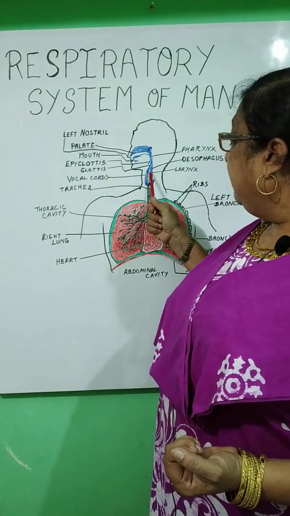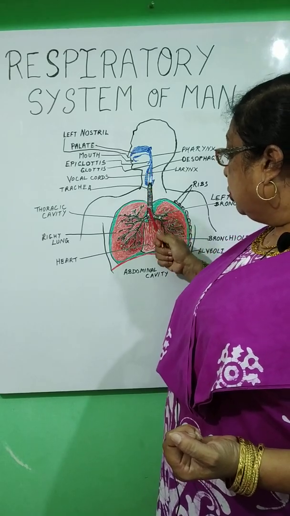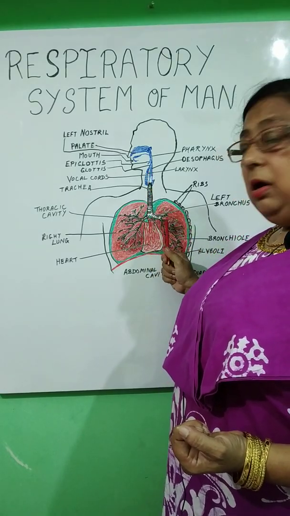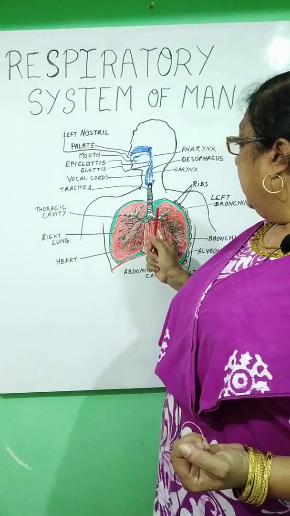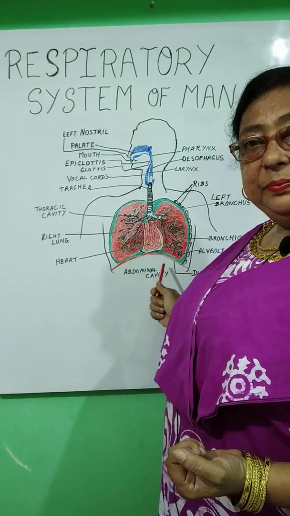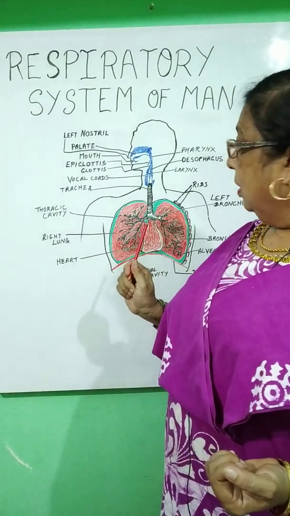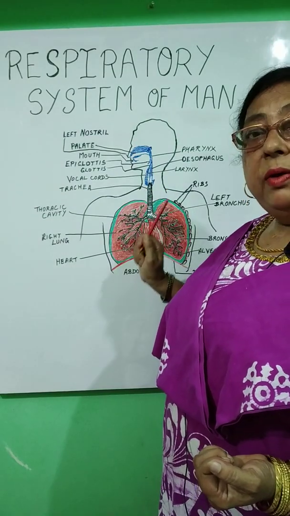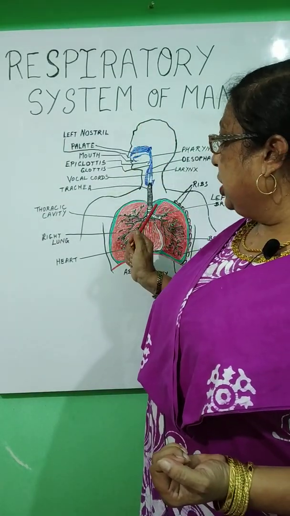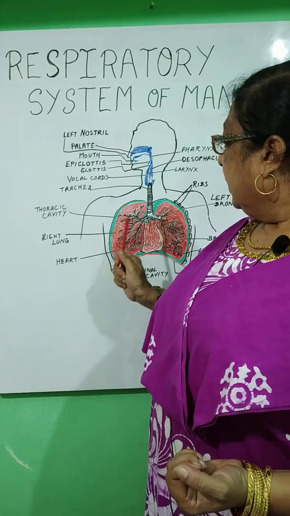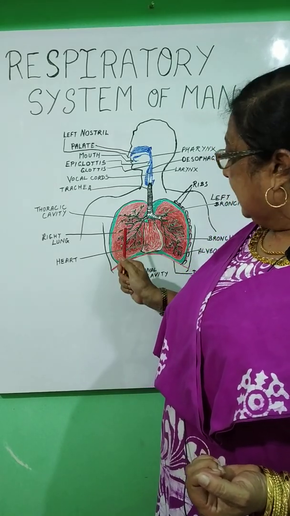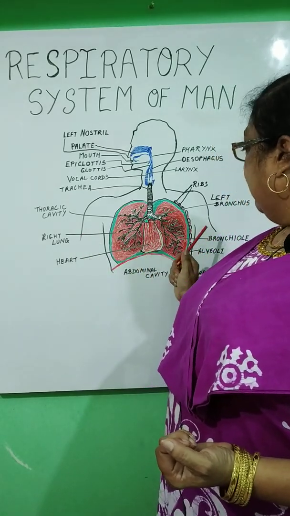Then through the windpipe the air is going into the trachea, then it is going via the bronchus into the lungs. And this is how the whole function of our respiration takes place. In the thoracic cavity, this is the right lung, this is the left lung.